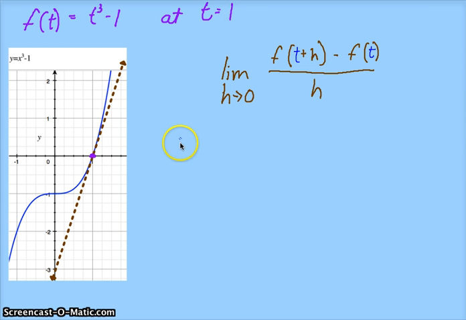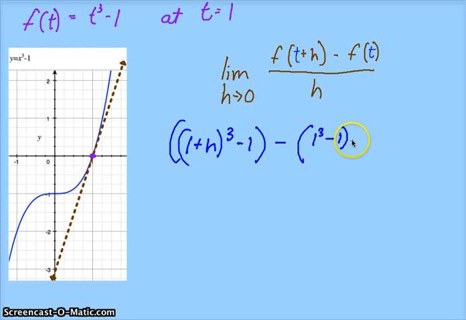Okay? So 1 plus h cubed minus 1. All right? Minus, what's this value when t is 1? 1 cubed minus 1, well, that's 0.